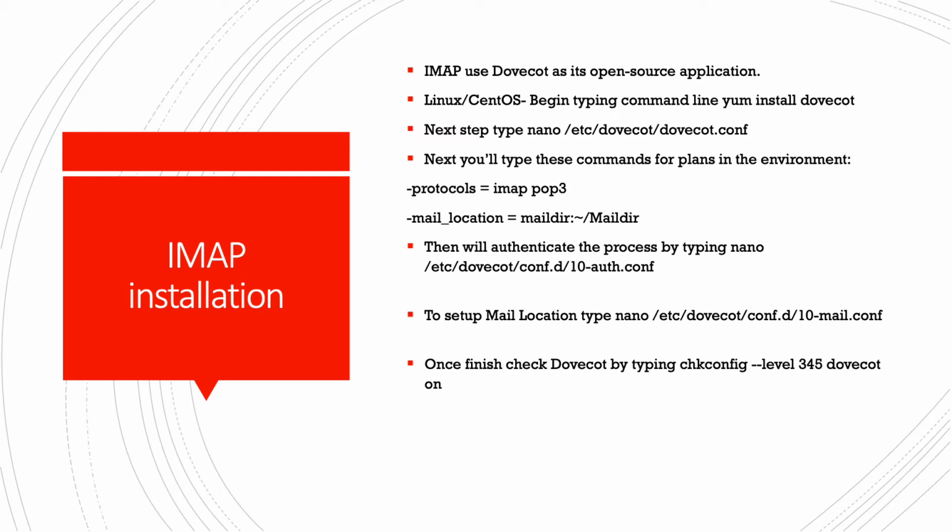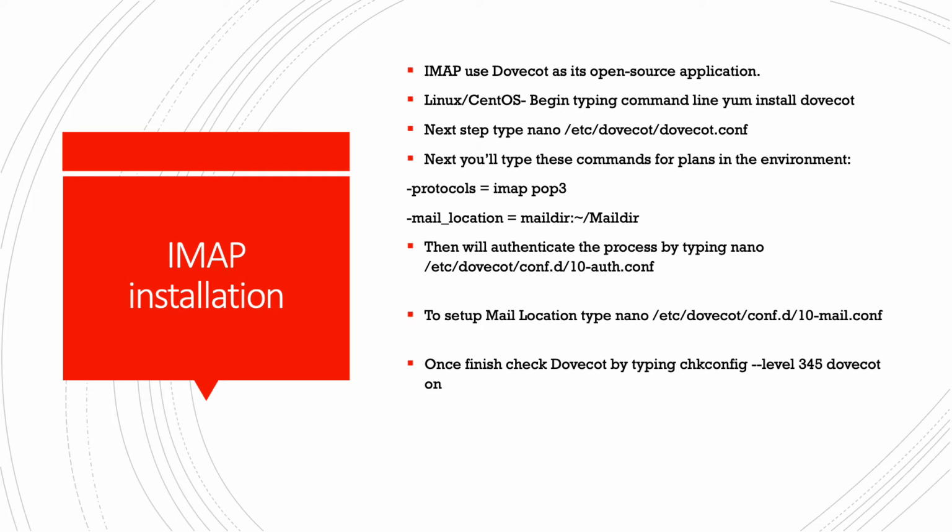Dovecot will retrieve emails from Postfix and deliver them into the relevant mailbox on the server. To download the Dovecot package on your CentOS, you use the command line yum install dovecot.